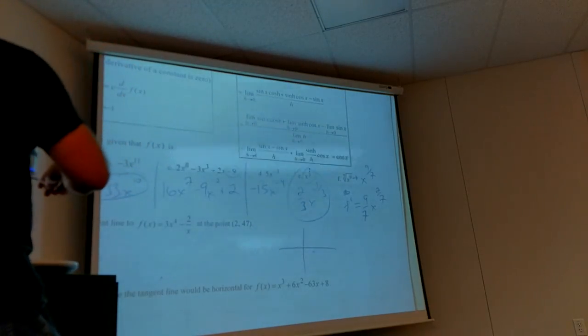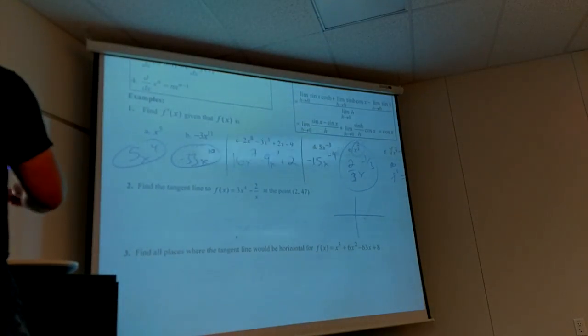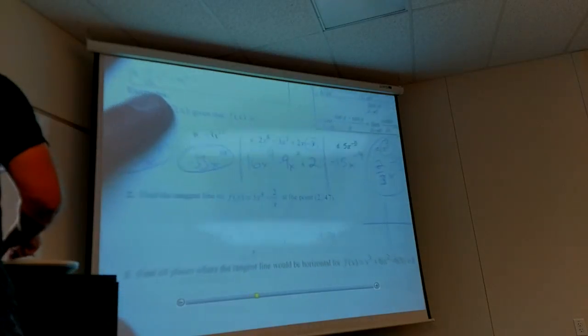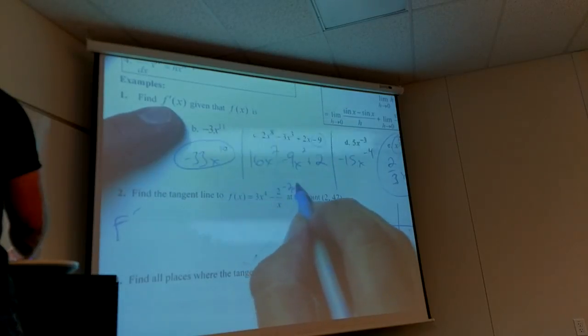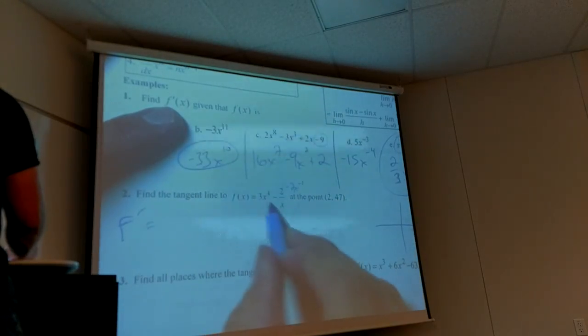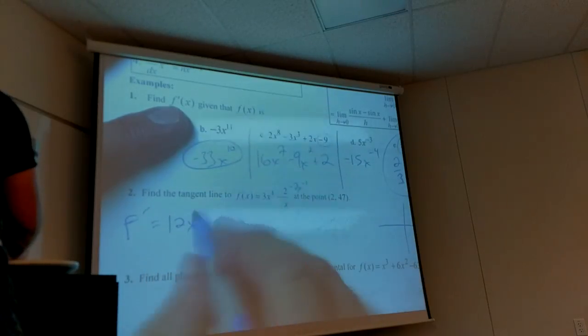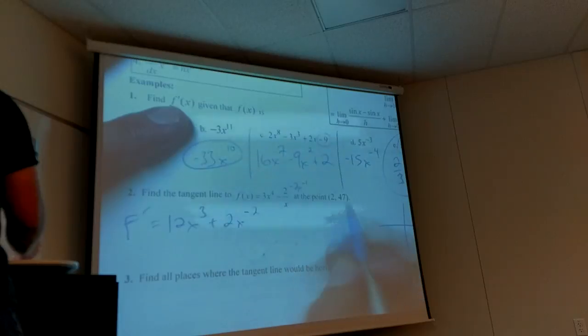Okay. So let's look at this one, the one that I was told looks gross. What happens? You first have to do what? Cool. And actually, if I rewrite this for myself, this is going to be negative 2x to the negative 1. So f prime is going to be 12x to the 3rd plus 2x to the negative 2.